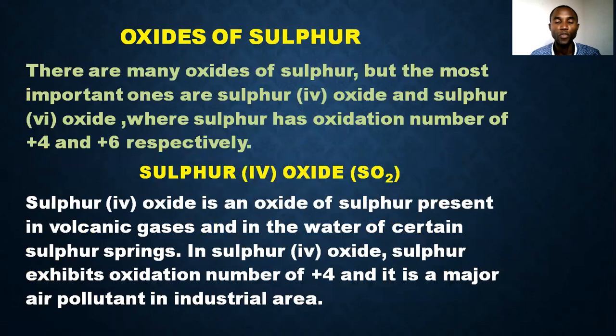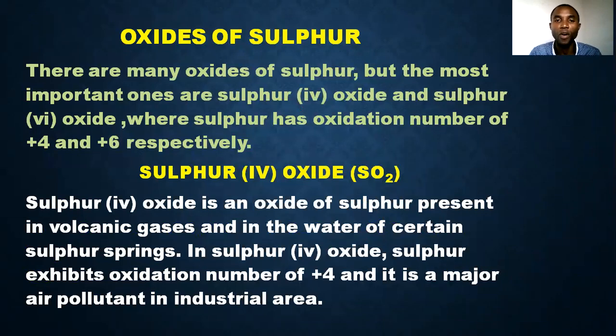Now, first of all, when you hear about oxide, oxide has to do with oxygen bonding with a particular element. So oxide of sulfur has to do with oxygen and sulfur as a binary compound. A binary compound of oxygen is what we mean by oxide.